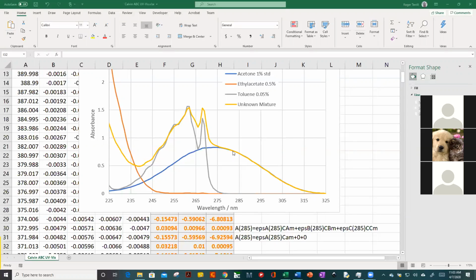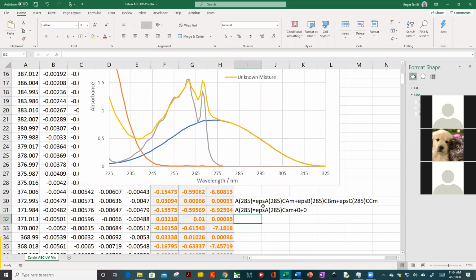The only contributor to the signal is acetone. Okay, we can talk about it later. So if we know the absorbance and we know the epsilon, we can calculate C, right? Calculate the concentration of C in the mixture.